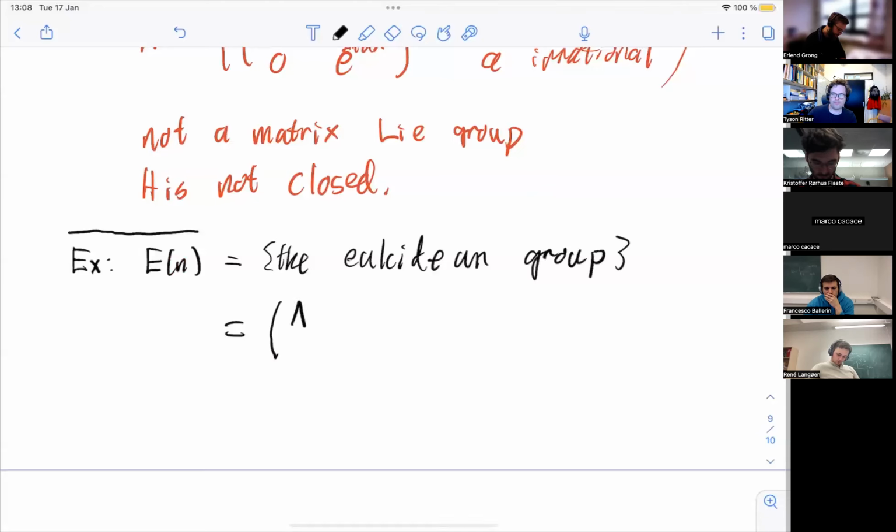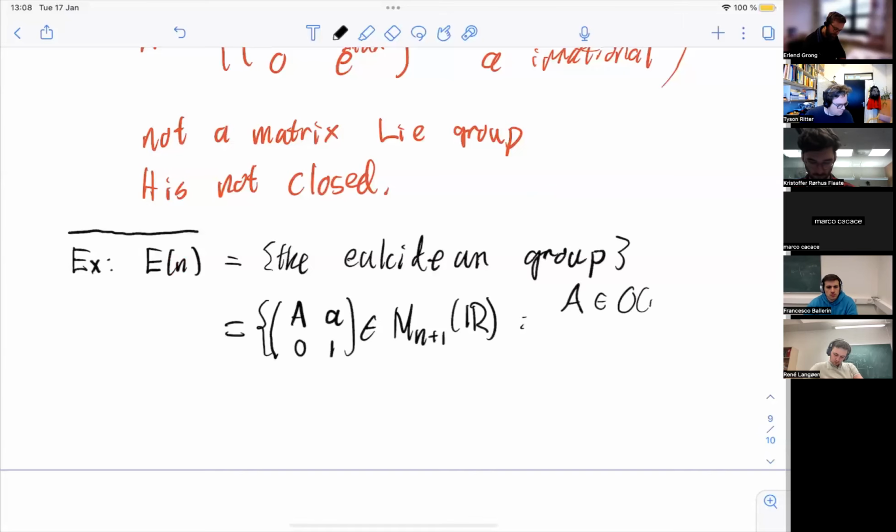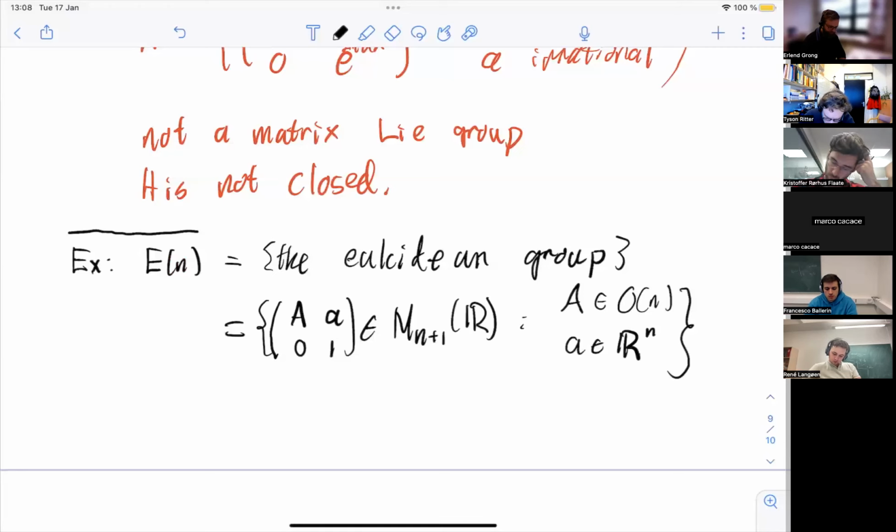It works like this. You have a matrix of the form A 0, small a 1, in M n plus 1 of R, where A is an orthogonal matrix and small a is just a real vector like this.